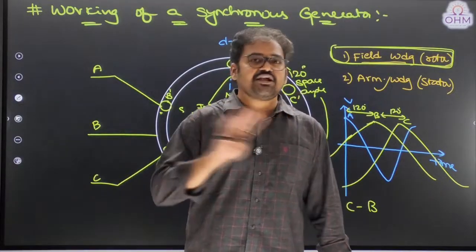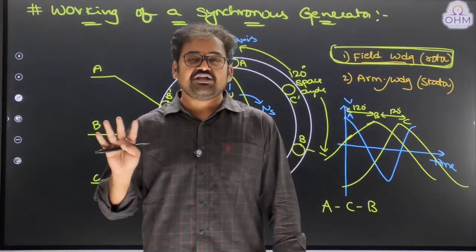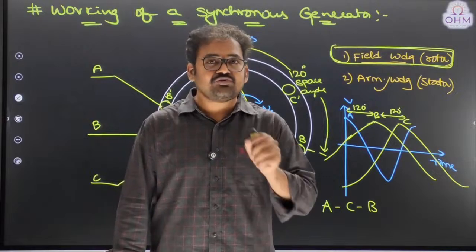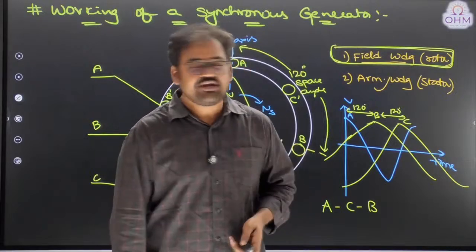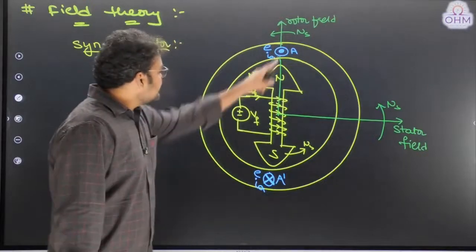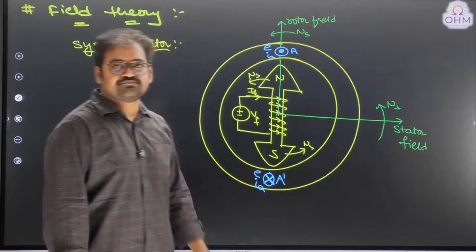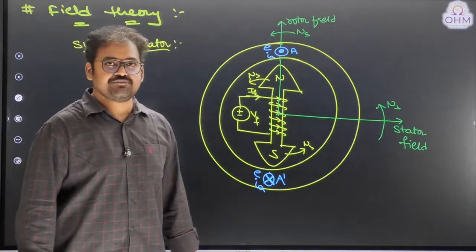Concentrated winding cannot create rotating magnetic field. Best example, transformer. But distributed winding, that too carrying AC current, will create rotating magnetic field. Therefore, even though stator winding is stationary, the stator field is rotating. With how much speed? Synchronous speed.